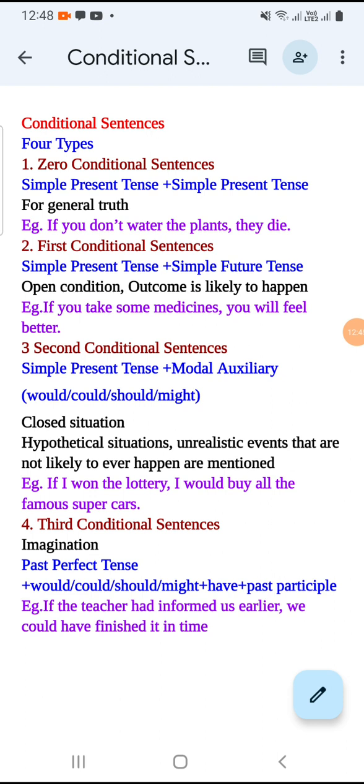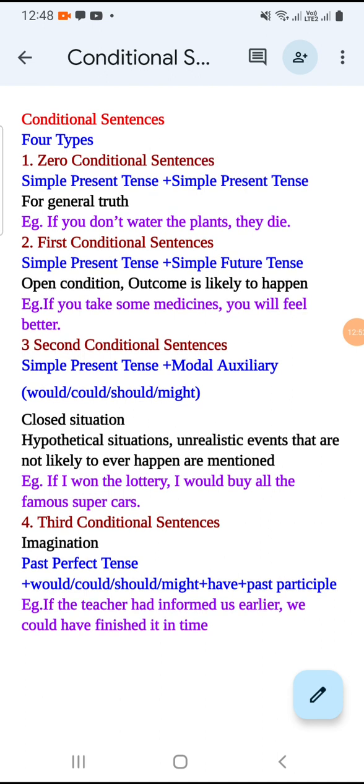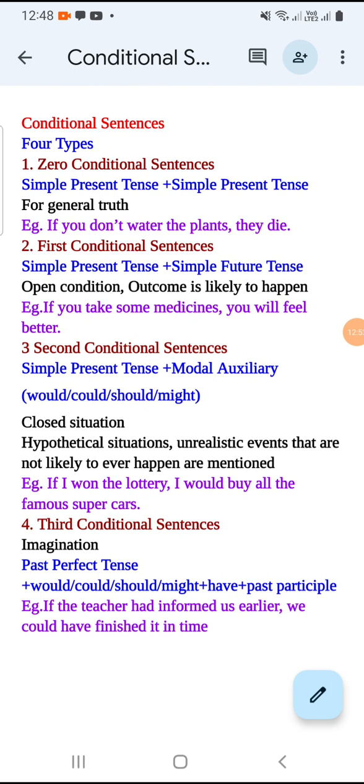So if you take some medicines, then the other part, you will feel better, right? Another example we can say: if I have time, I will finish that letter, right? That is also another example.